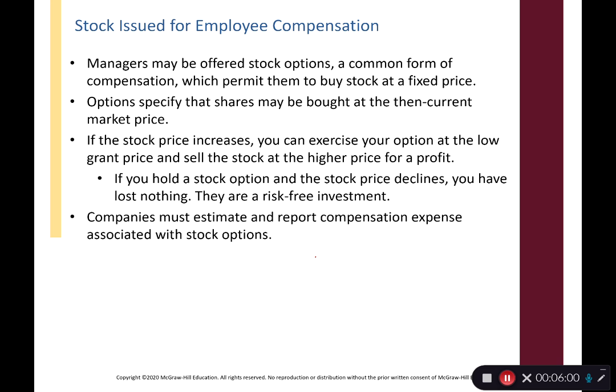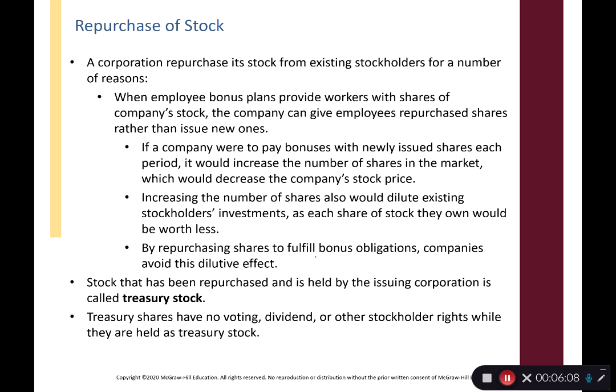In order to provide those types of stock compensation, whether it be stock options or just giving out shares of stock, they need to have those shares. So that means that the corporation needs to repurchase shares of stock. They can't just issue additional shares of stock because that won't be in the best interest of owners. If they issue new shares of stock to the employees, that dilutes the ownership, and it would be unfair to the current owners.